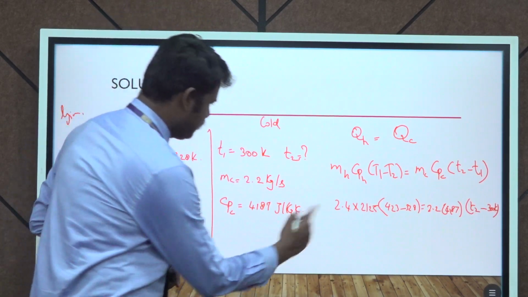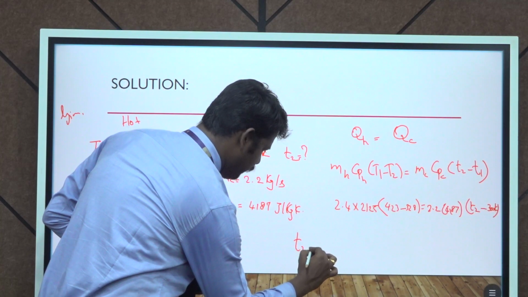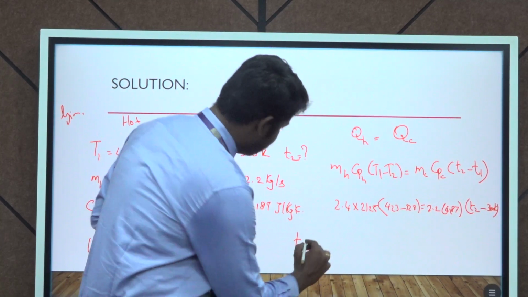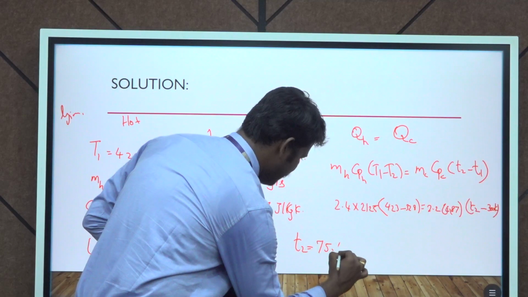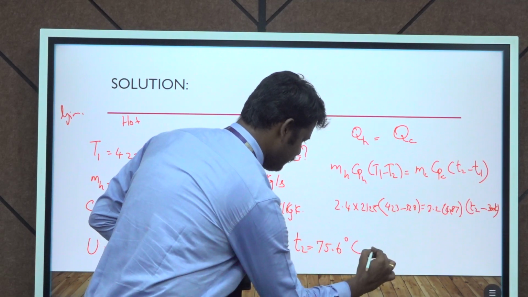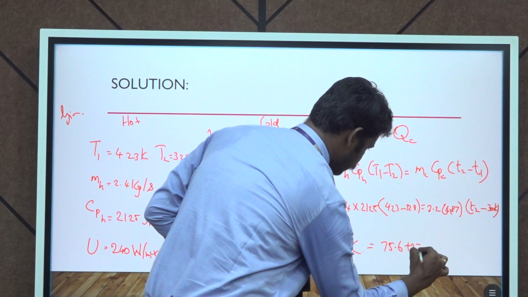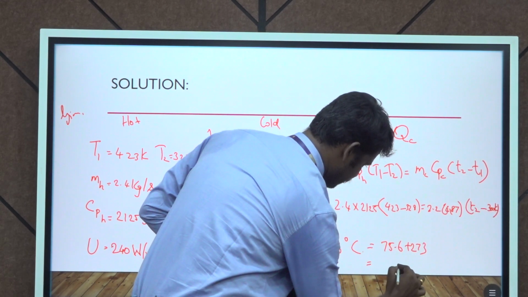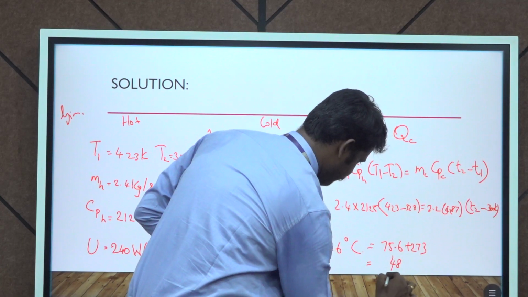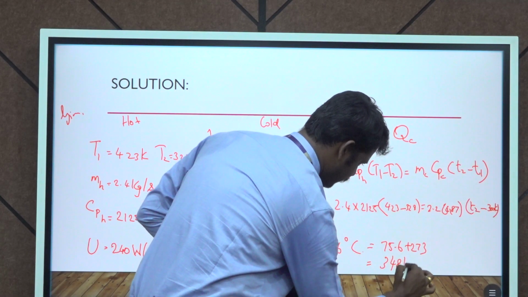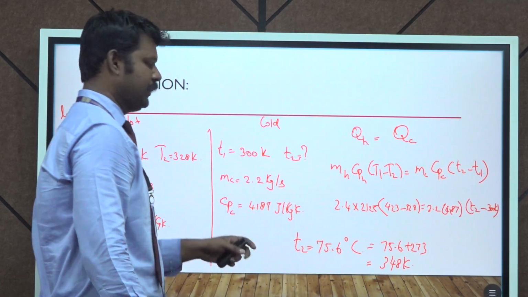When we solve this equation, T2 will be equal to 75.6 degrees Celsius, which is 75.6 plus 273, that is 348 Kelvin. This will be the answer for T2.